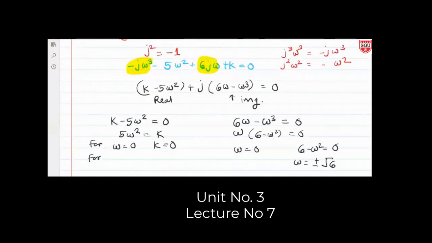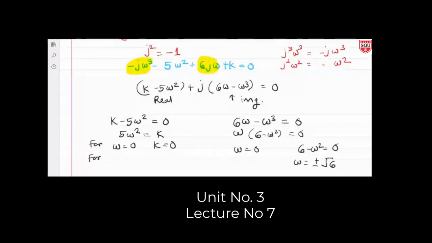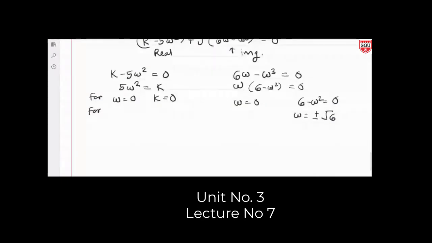With respect to this, we have to find out some values of k. How to find out the values of k? Let's see once again. In this example, omega is equal to 0 and omega is equal to plus minus root 6. By using that condition, we have to put the values in the equation.